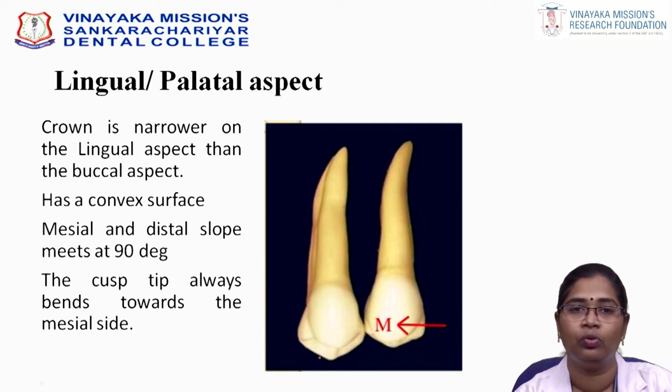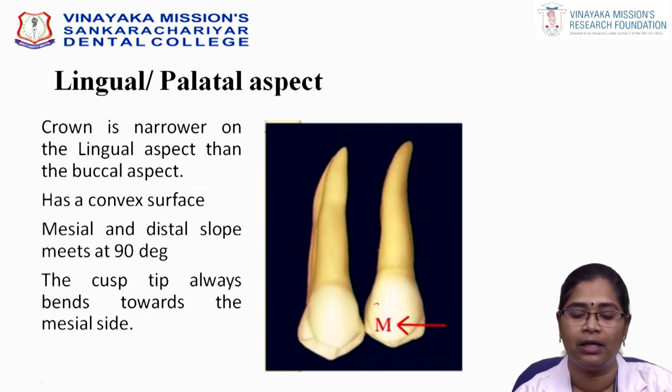So for now, to appreciate the maxillary first and second premolar from the palatal aspect, the crown seems to be narrower on the lingual aspect than the buccal aspect, and it is more convex. The mesial and distal slopes are at 90 degrees, and the cusp tip always bends towards the mesial side.